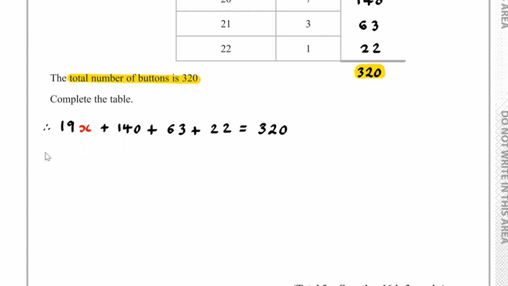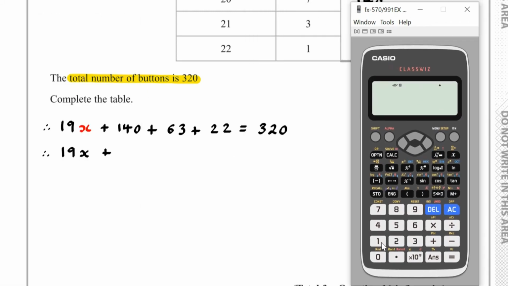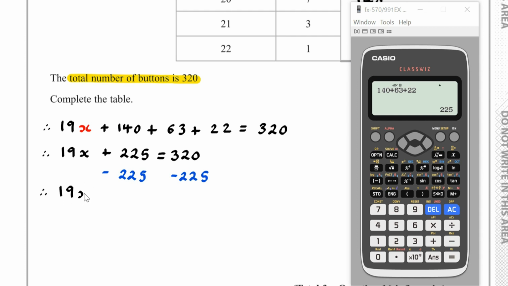So, simplifying, we have 19x plus, now here we have 140 plus 63 plus 22, that's 225. This is equal to 320. And now if we subtract 225 from both sides, we would then see 19x is equal to 95.